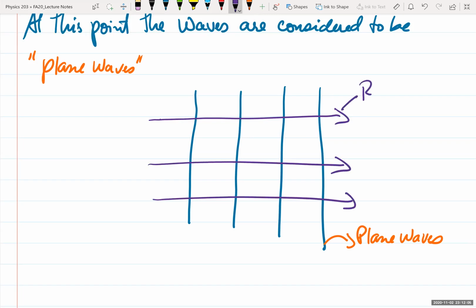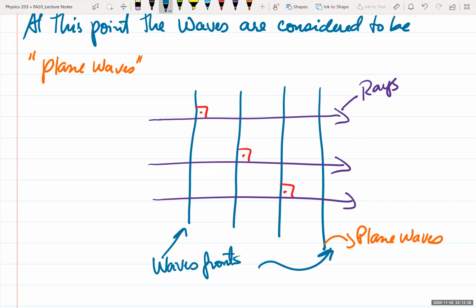So these are our rays. And still, the waves and the rays are perpendicular to each other. Okay, so these are our plane waves. These plane waves are what originally were our wavefronts, and now they're considered to be plane waves.